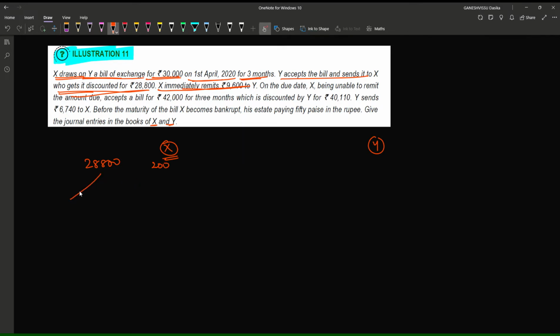Okay, and out of which 28,800, there should be some distribution between X and Y. To Y, what amount has been sent? 9,600 amount is sent. So 28,800 minus 9,600 is 19,200. We need to see the ratio between these two. 19,200 divided by 9,600 is 2:1. So the ratio is 2:1. Okay, 2:1 ratio is there between both of the persons.